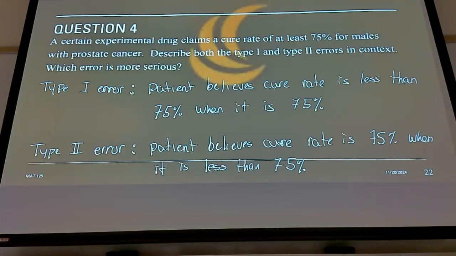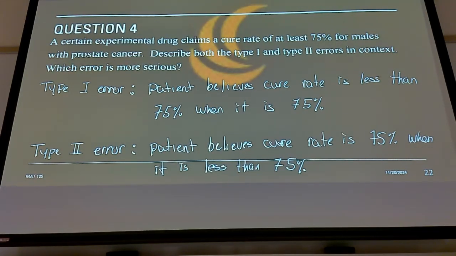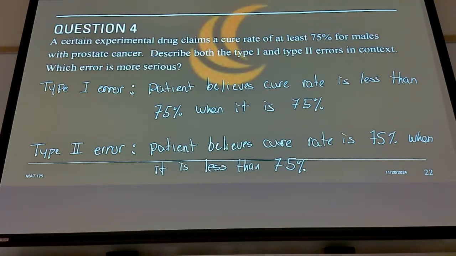So you believe the cure rate is 75% when actually the alternative is true, and it is less than 75%. And then which one is the more serious error to be made? The second one.